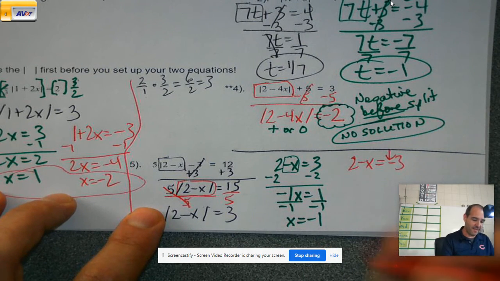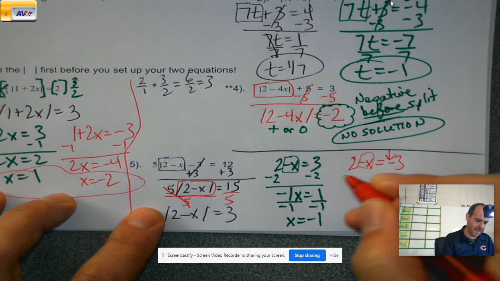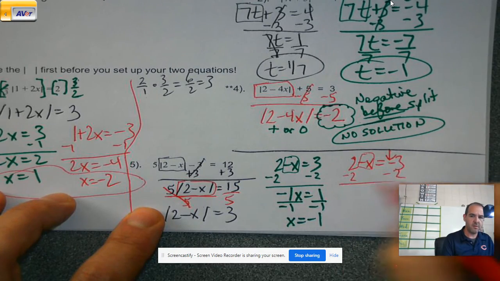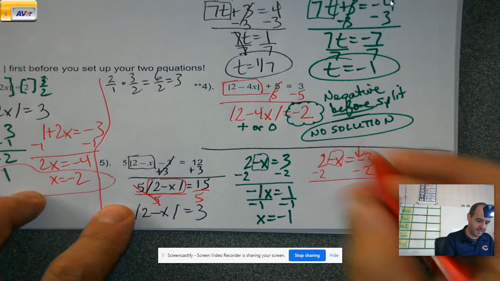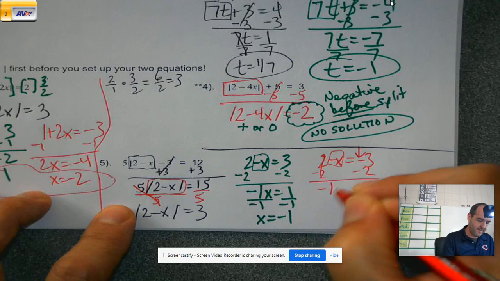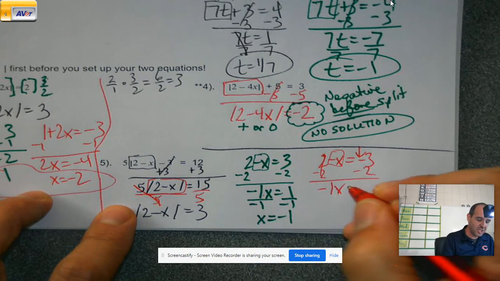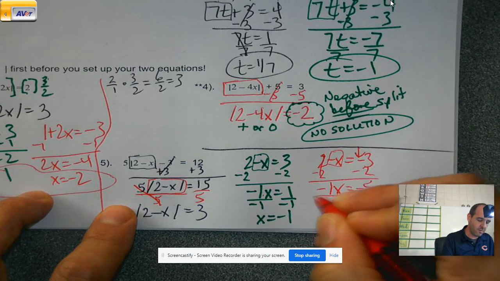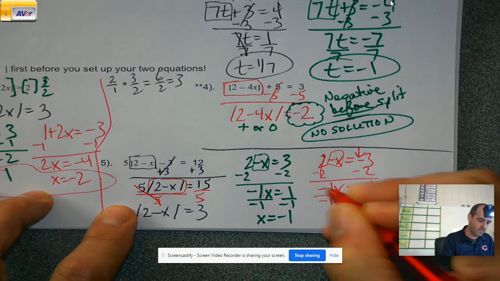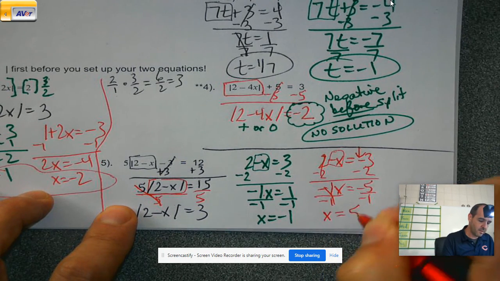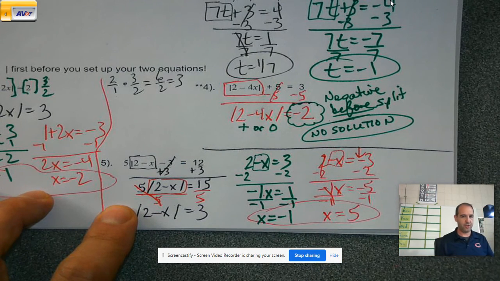Now, once I get that on the first one, it shouldn't cause me trouble on the second one. I hope not. That's why usually when I just see x in something, notice I put the 1 in there just to remind me that it's there. And I get my solutions.